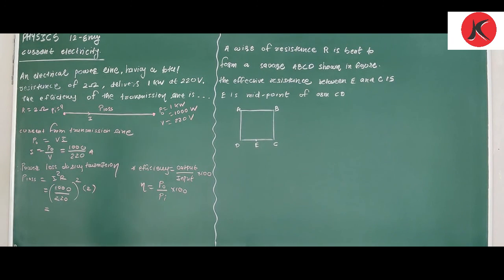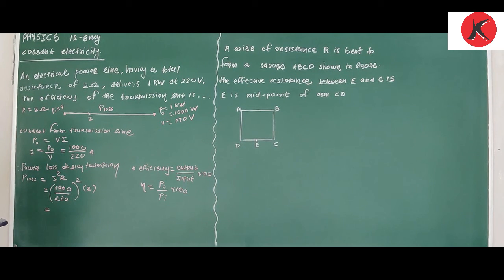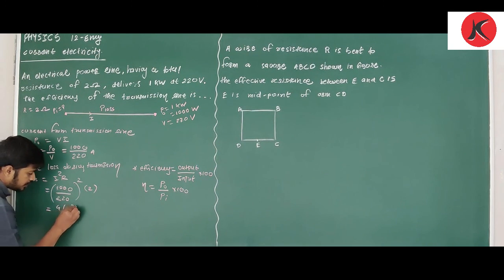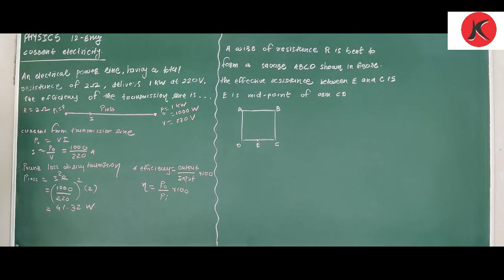Now how to solve this? You have to calculate it directly, but I will calculate with the help of a calculator. So it is 1000 into 1000 divided by 220 divided by 220 and into 2. So it is 41.32 watt.